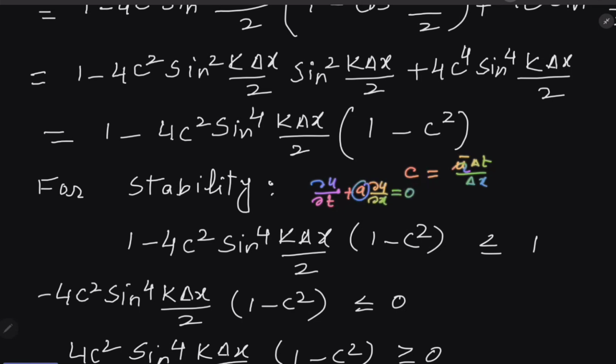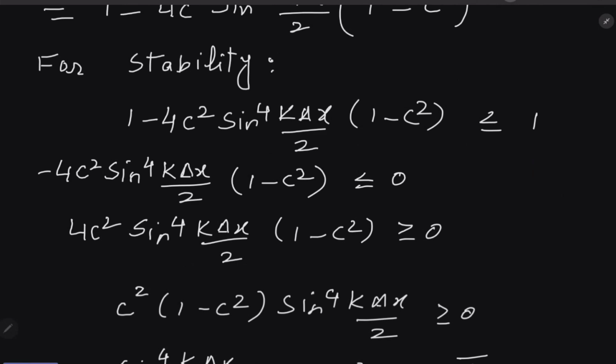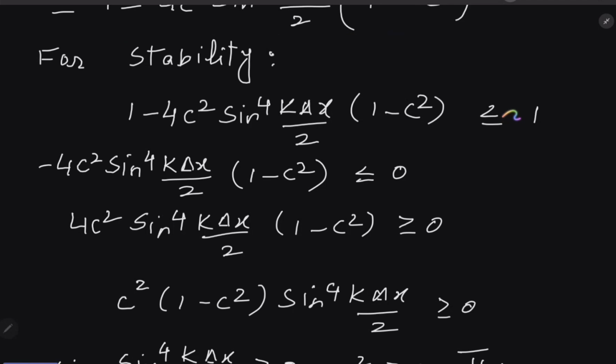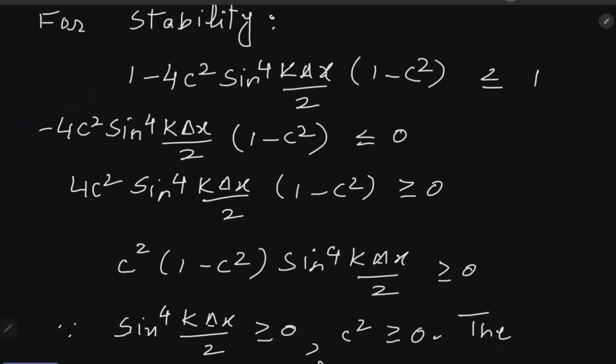If you have a over here, then the Courant number will be a delta t by delta x. For stability, this amplification factor should be less than 1, since we have taken the magnitude of that g k delta x and square.